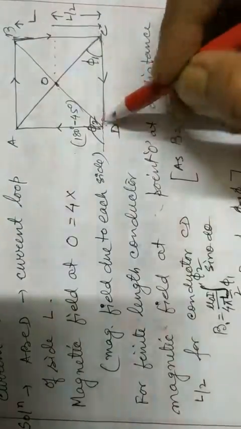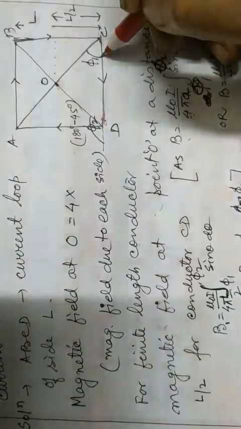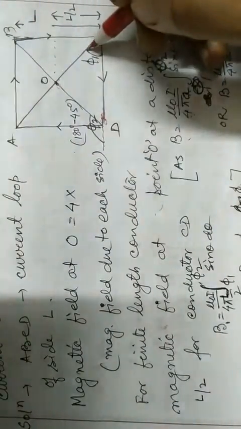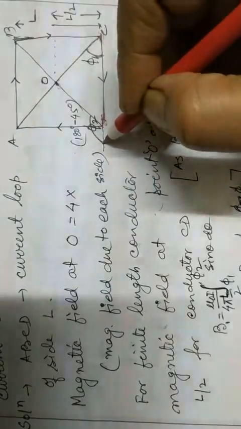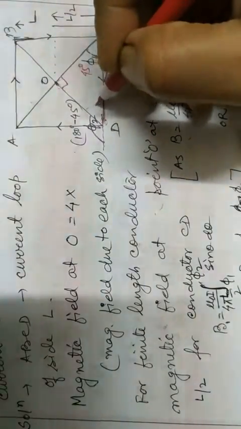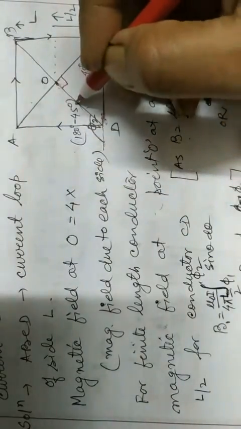For this CD, this part makes phi 1 and this part makes phi 2. The diagonals are perpendicular, so this is 90 degree, and each of these is 45 degree. So phi 2 will be equal to 180 minus 45 degree.